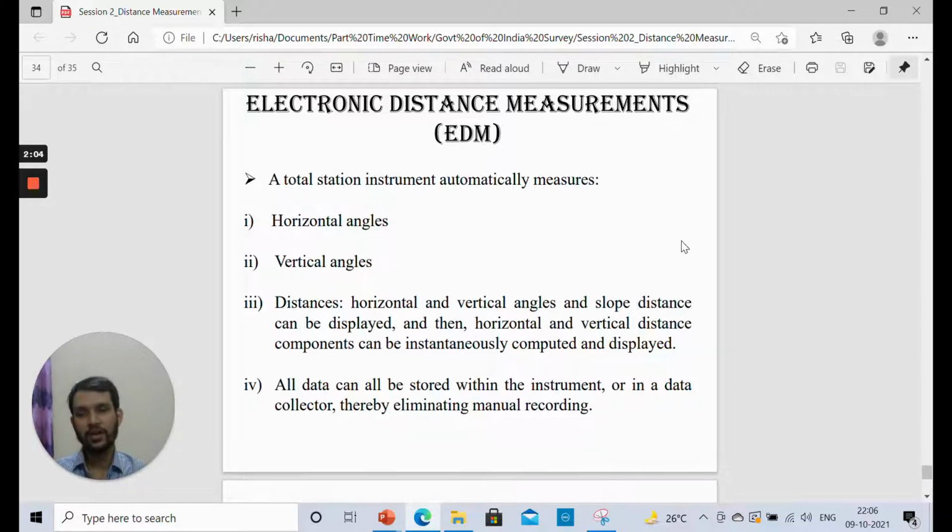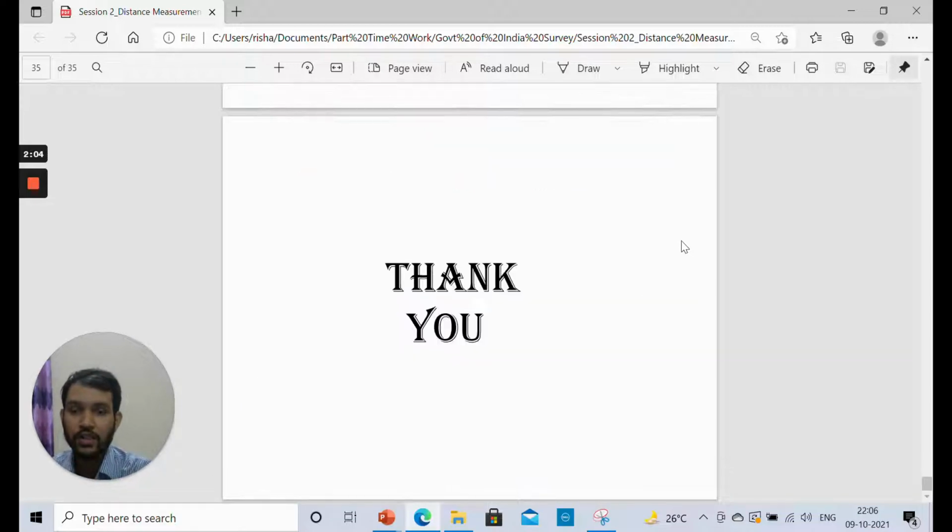If those angular values are known to us, and even the slope distance along the ground surface, if it is sloped ground, then based on these data it can calculate the horizontal and vertical components. So it can directly give you the horizontal distance between those 2 points which you are looking for.